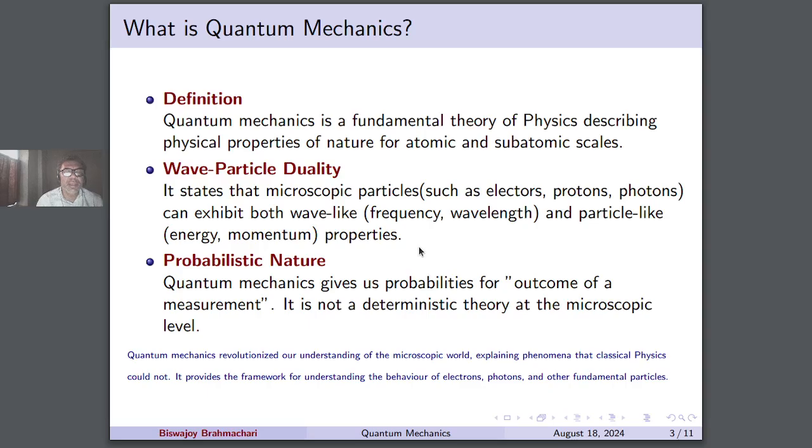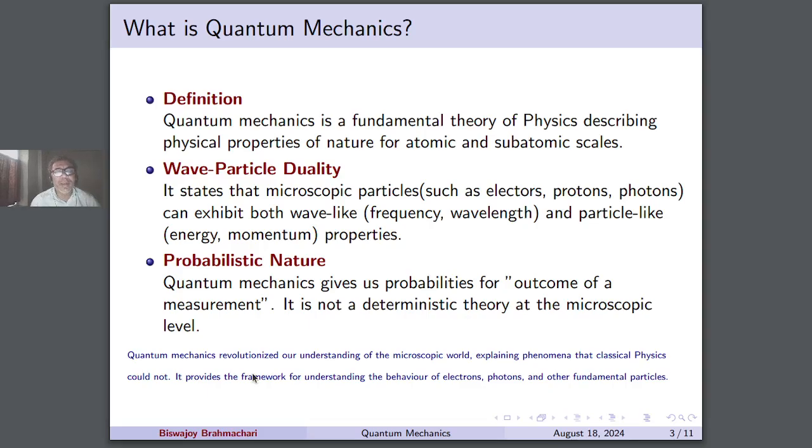And the probabilistic nature: quantum mechanics gives us probabilities for the outcomes of measurements. It's a theory at the microscopic level, and this theory provides outcomes of a measurement. And it is not a deterministic theory. It is a theory which is probabilistic.